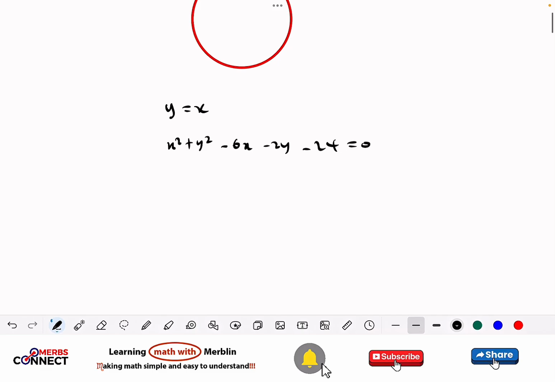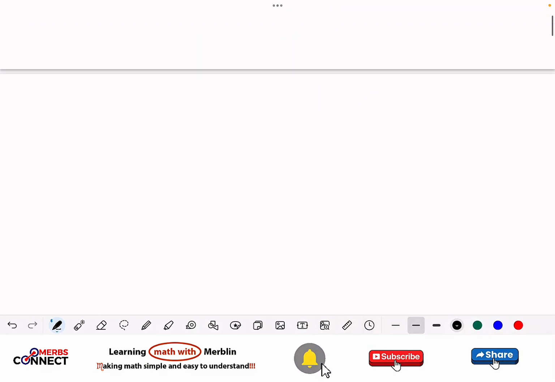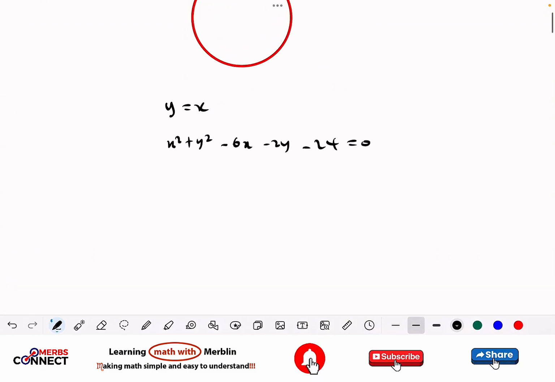Let me plug in y is equal to x: x squared plus x squared minus 6x minus 2x minus 24, because x is equal to y. This is going to give us 2x squared minus 8x minus 24 is equal to 0.